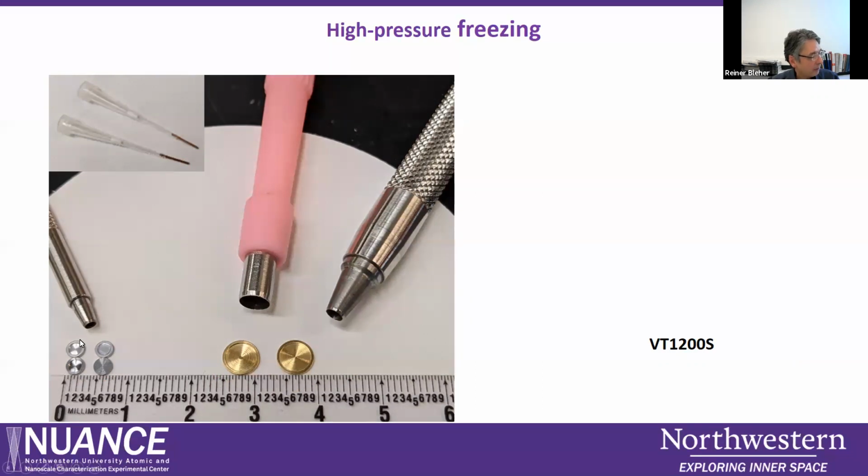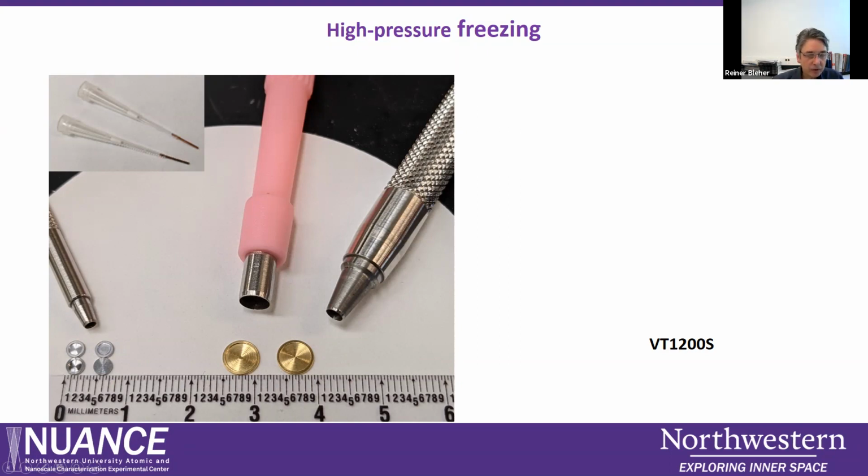The flat system with the planchettes can be used for tissue pieces. Of course, it can also be filled with cell suspensions, and liquid samples in general can be drawn into those capillaries and frozen. This is also very good for cell suspensions or samples in general that are suspended in solution.